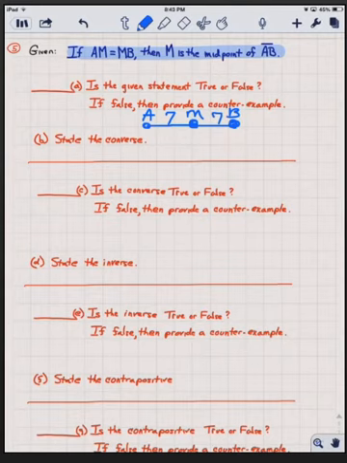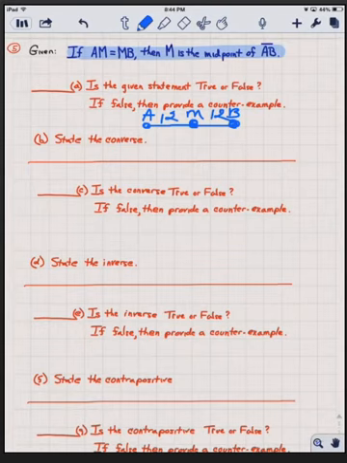So by one example, it looks like it's true. Okay, if we change the distance from A to point M and the distance from M to point B to be something different, it still appears to be true. For example, if we said distance from A to M is equal to, say, 12 centimeters, and the distance from M to point B is 12 centimeters, M still looks like it's the midpoint of segment AB. So it still seems to be true.